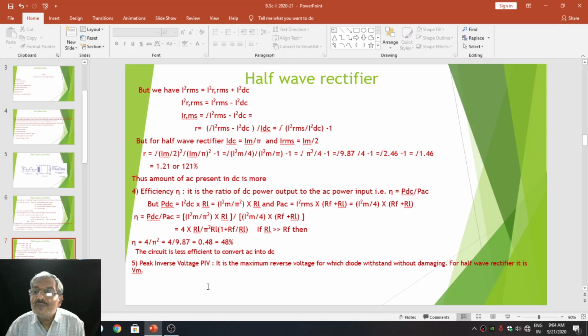Dear students, this is what we have to study as far as half wave rectifier is concerned.